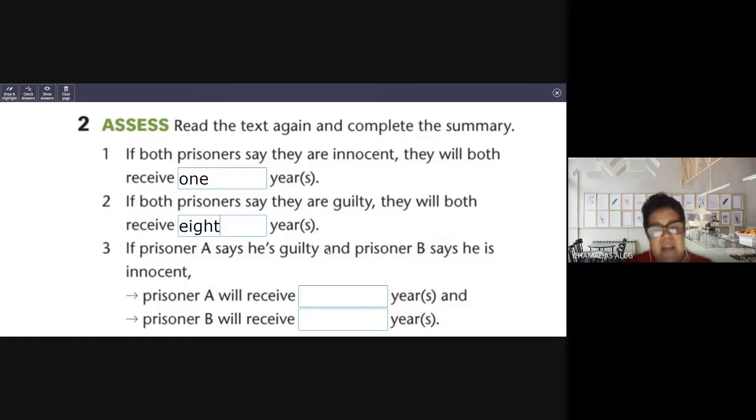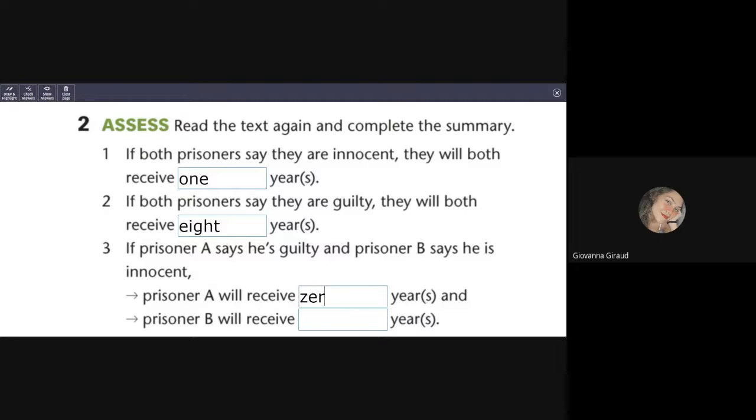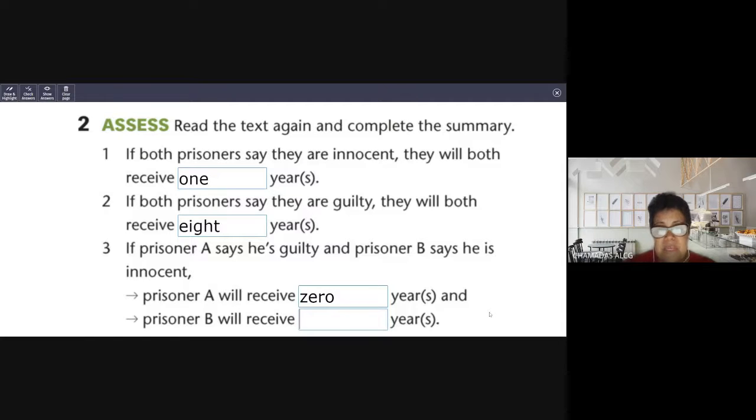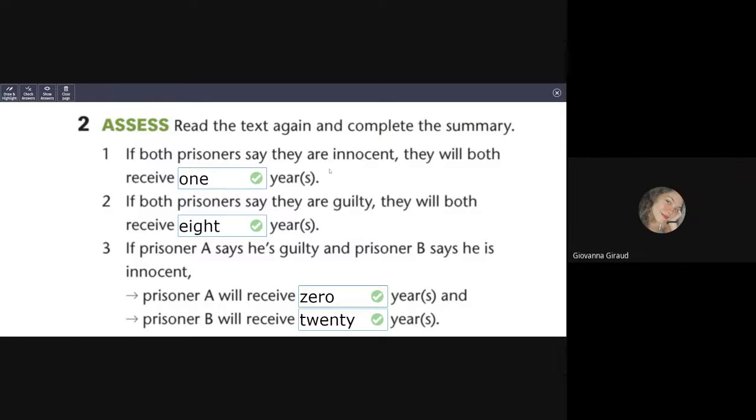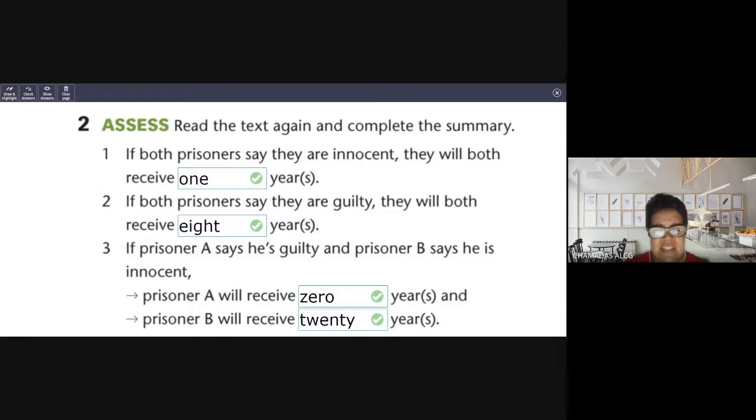If prisoner A says he's guilty and prisoner B says he's innocent, prisoner A will receive zero, nothing. And prisoner B will receive 20 years. Isn't it crazy? It's so unfair again. Terrible. Yes, it doesn't make sense.